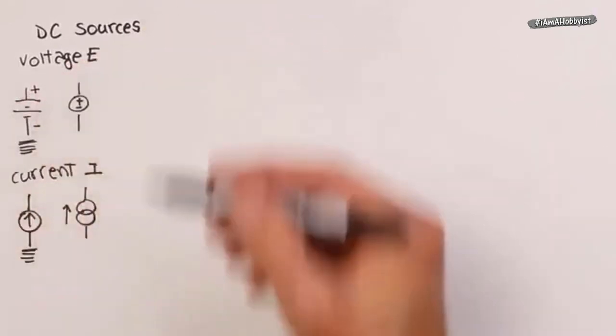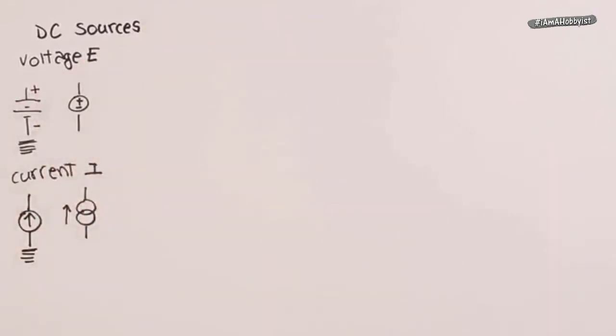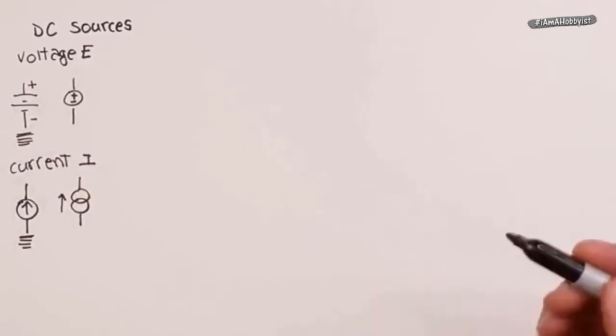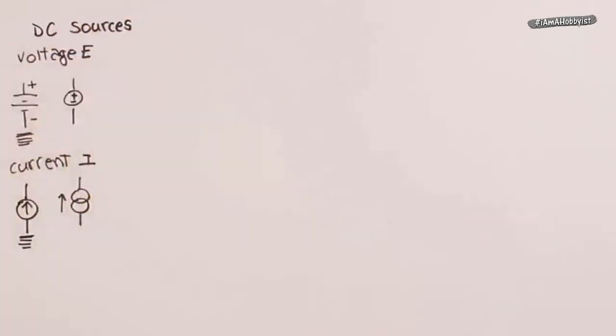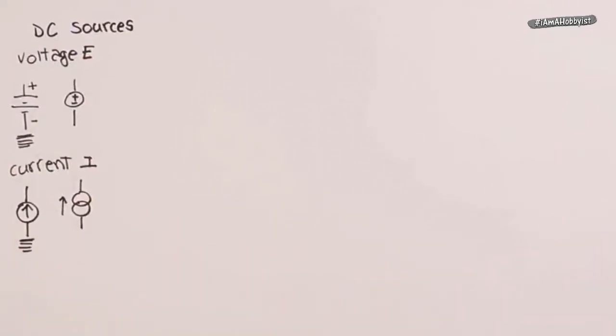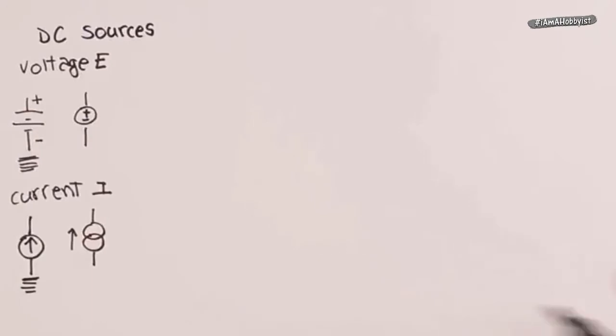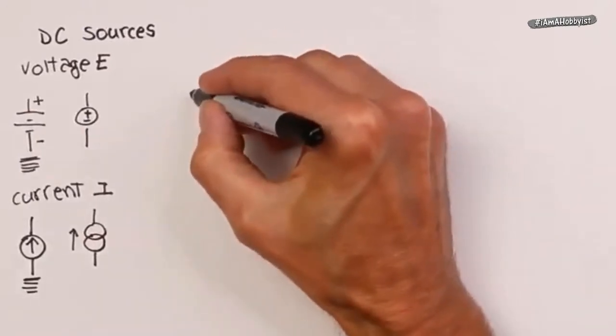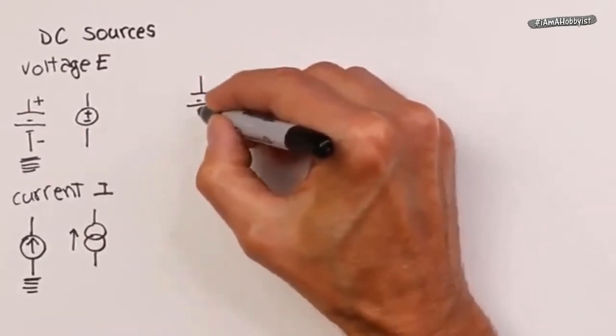And when we draw this, we're talking about an idealized source. So if I draw a voltage source symbol, this is the sort of personification, the perfection of a voltage source. No matter what we hook up to it, we'll get the same voltage.